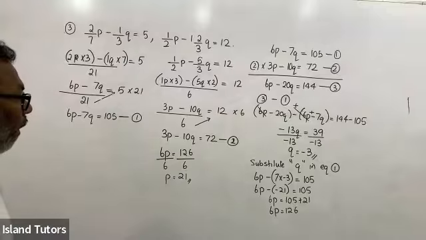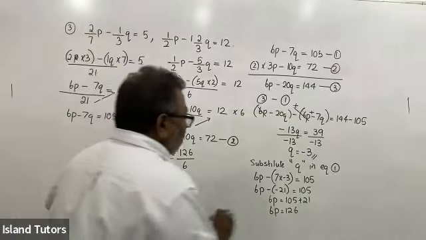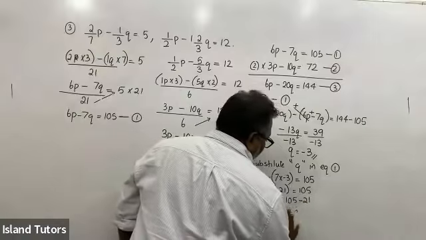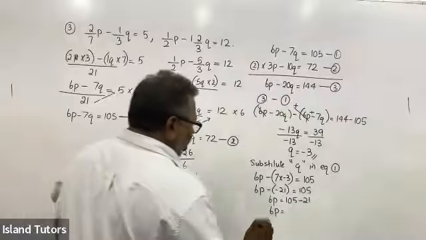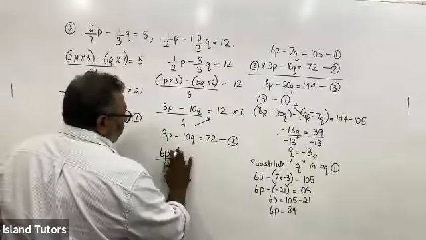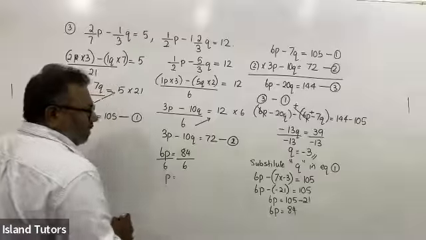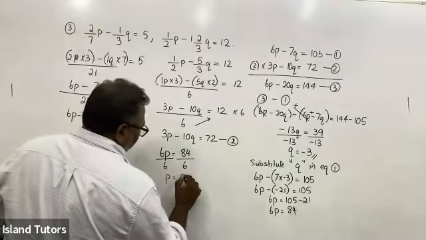Sir, 6p minus 21 is equal to 6p plus 21. Sorry. It should be minus. It should be 84. Is it 84? Yes, sir. Divide by 84. 84 divided by 6 is how much? 14.